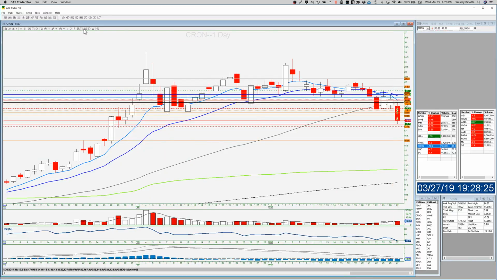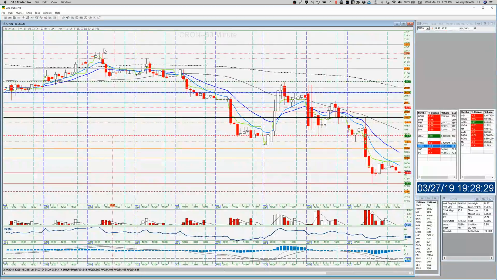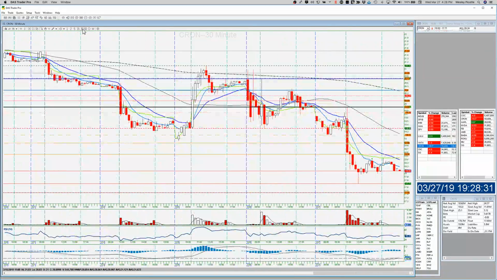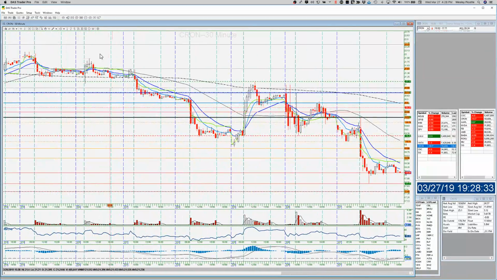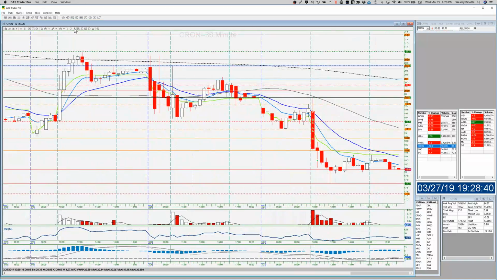So going from the daily down through all the time frames, it just continued to kind of validate this bearish bias, I suppose one might say, that I was forming on this chart. But it looked good for a short.